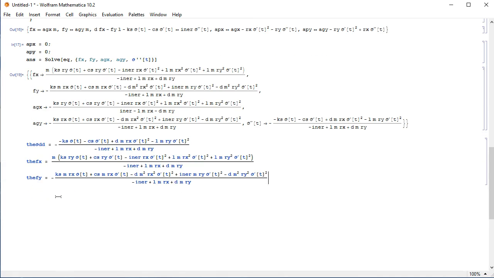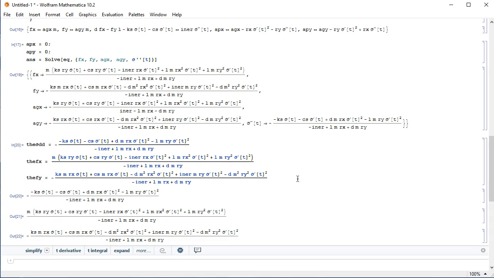And paste it in. All right, and then I'm going to hit enter on this. So now I have a formula for the theta double dot. I have a formula for the force in the x direction and the force in the y direction. So I've got these formulas.